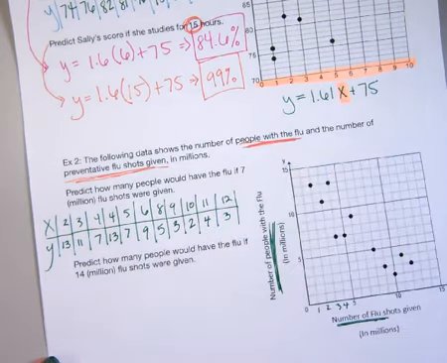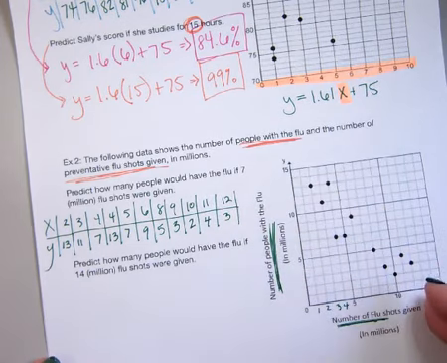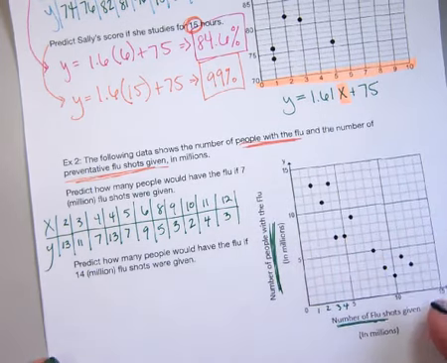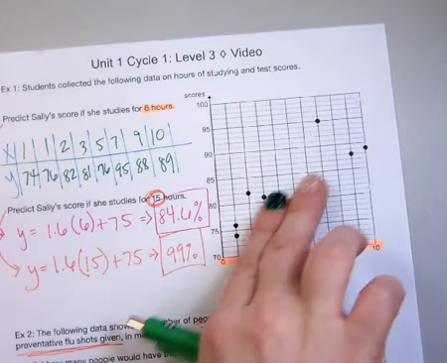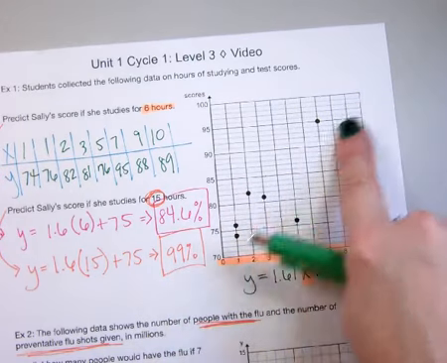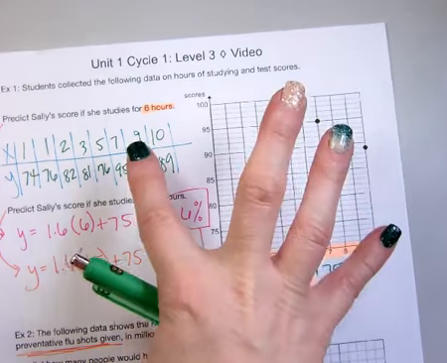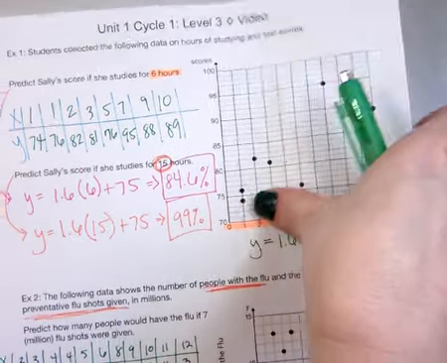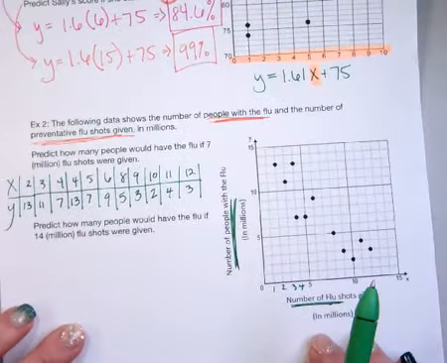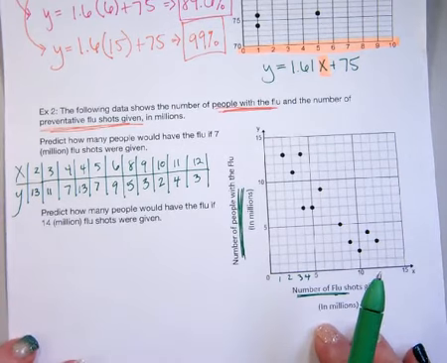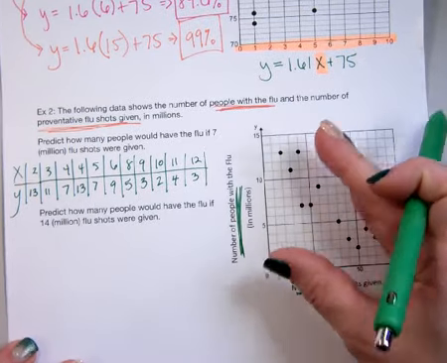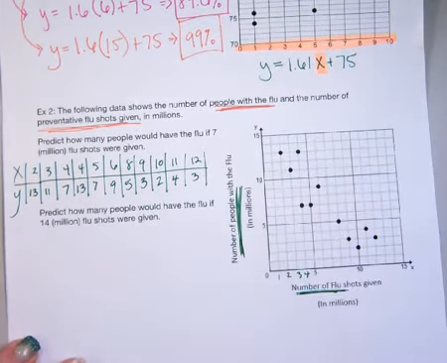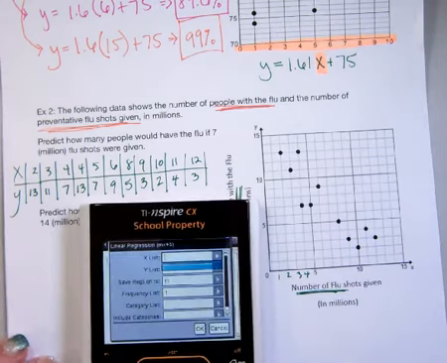So notice our data is going down. So this is going to end up being a negative correlation. Notice that our previous one kind of went up. This is a weaker correlation because the dots are spread farther out. This is going to be a bit stronger. I don't know that we could call it strong, but it's definitely stronger because you'll notice they're kind of closer together. So let's see what that equation is now that I have all my dots.